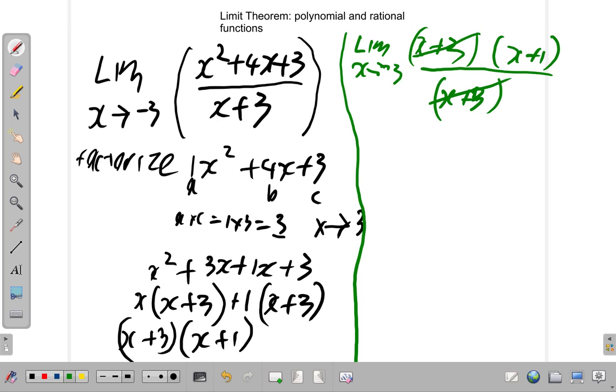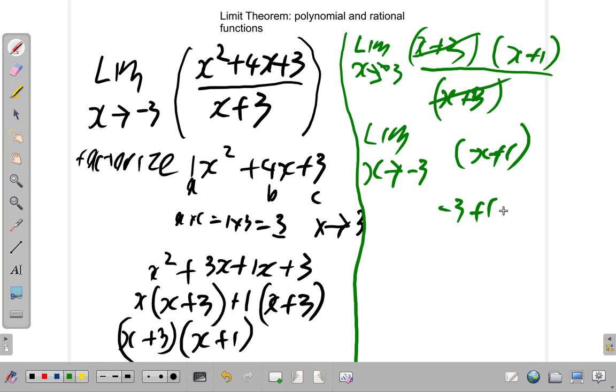So what you're finding is the limit as x approaches negative 3 of x plus 1. Now, f of negative 3 is just negative 3 plus 1. So what you have as the answer now is negative 2. Alright? So what you have there is negative 2.